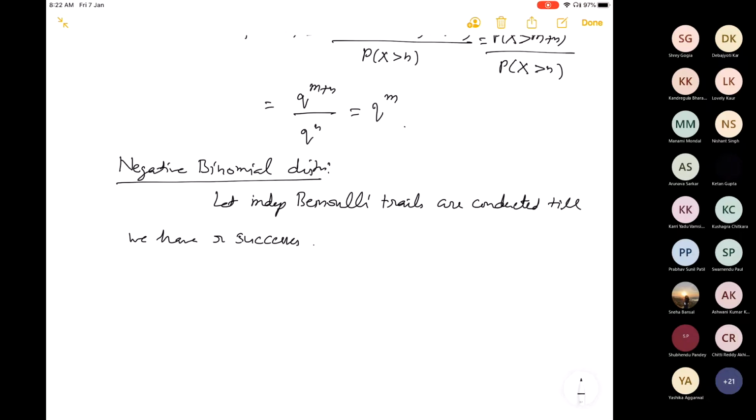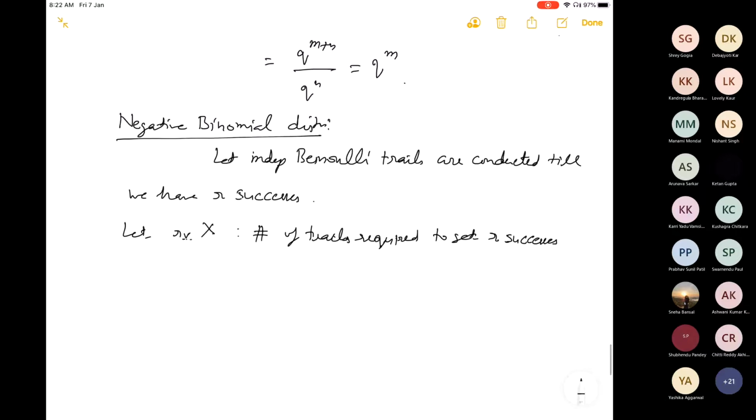So let the random variable X denote the number of trials required to get r successes.